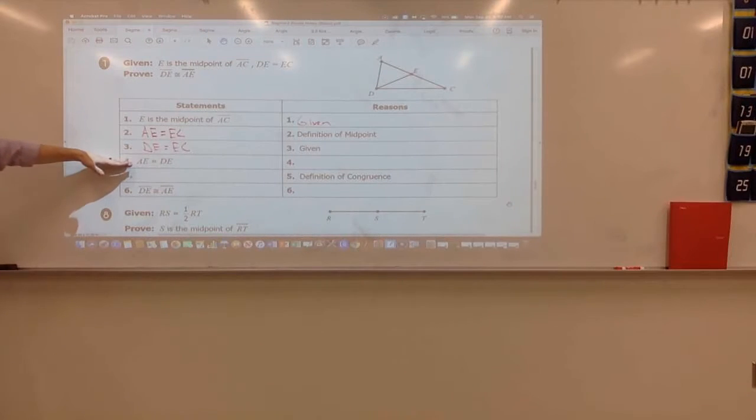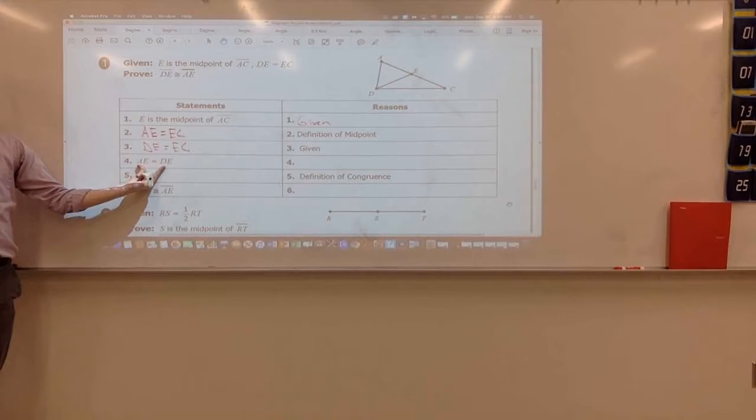In line 4, they claim that AE and DE are equal. Is that a definition of midpoint? No, it's not going to be definition of midpoint. So we're going to have to look back at both lines 2 and 3 and see how we can claim that AE and DE are now equal to each other.